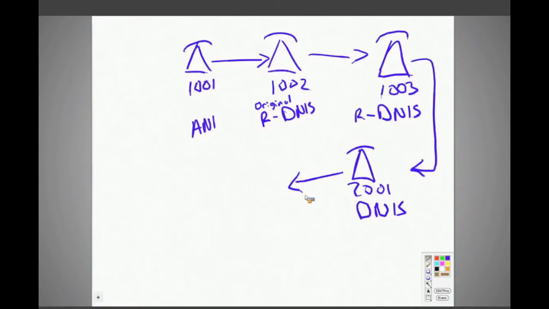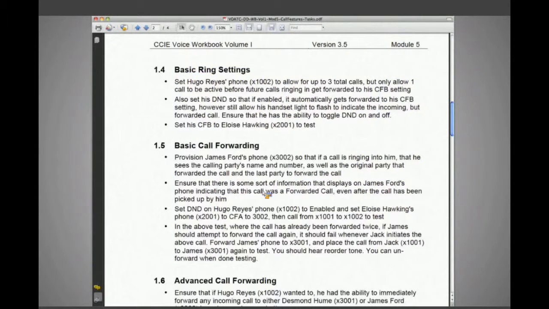Okay, so now 2001 forwards to, let's say, DN 3001. Actually, let's take a look at our task because I believe we're instructed to create something very similar to this. Okay, set DND on Hugo Reyes' phone, 1002, to enabled, and set Eloise Hawking's phone to call forward all to 3002.